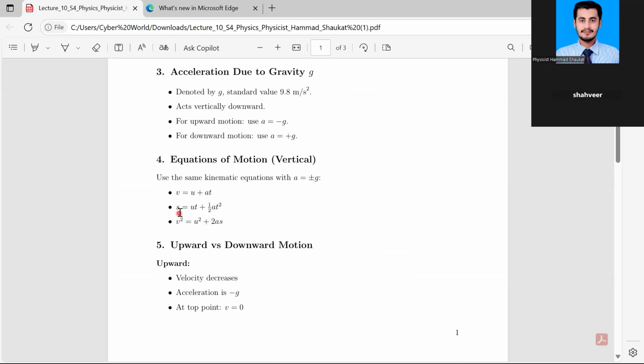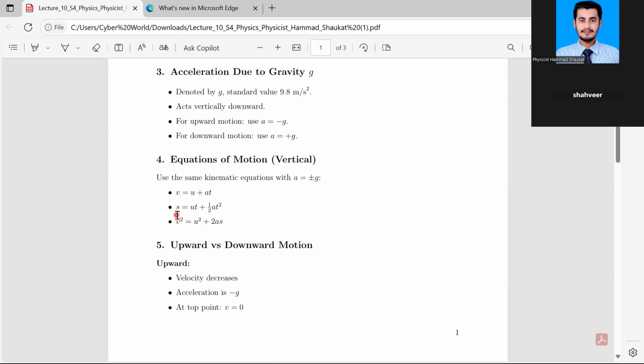In this, you can see this s. This s basically represents the distance, the total distance covered by the body.